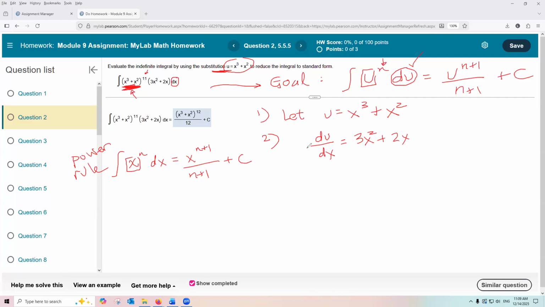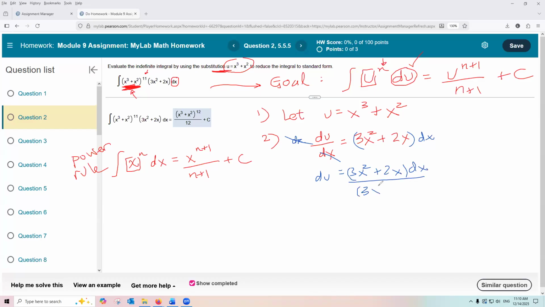All right, now I'm going to solve this equation for dx, meaning I'm going to get dx by itself. If I do that, I can multiply both sides here by dx. That'll cancel this out. And then du is 3x squared plus 2x dx, but I want to get this dx by itself.